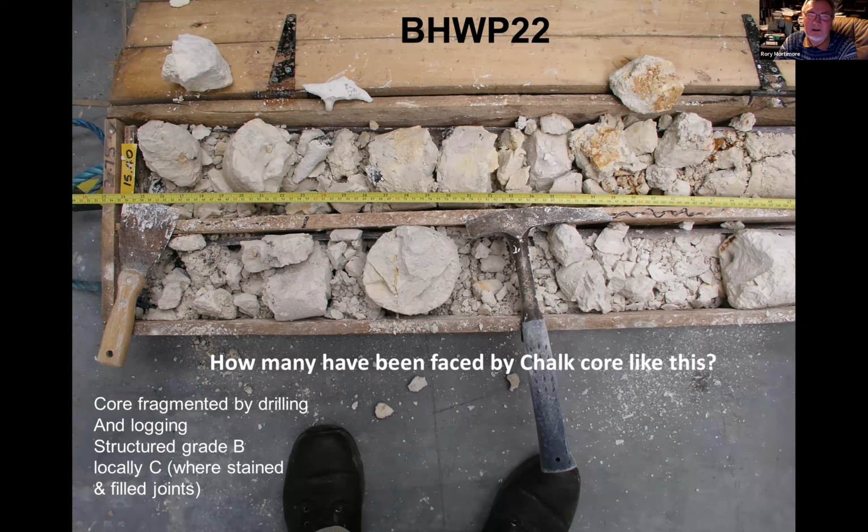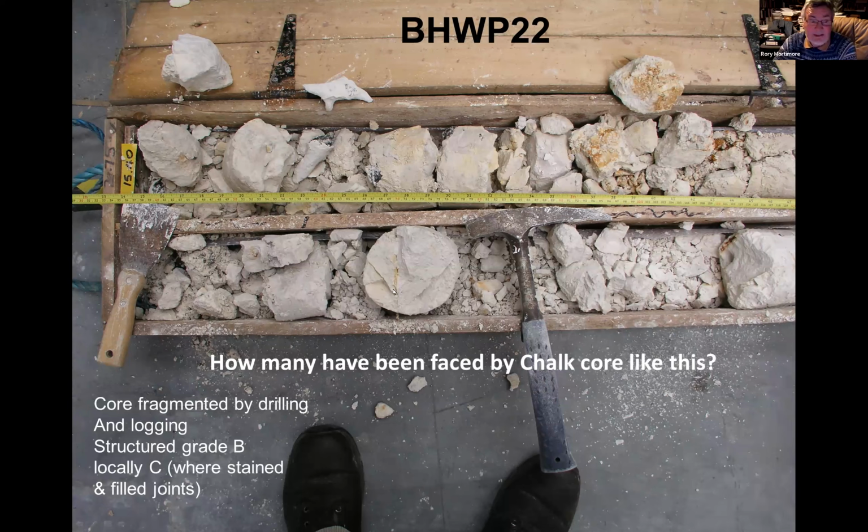And wherever you've got flints, it tends to break up. But in some places, you can actually see there's dirt on the fractures. So if you've got a filled fracture, that would be a grade C. In other places, you can see you've got fractures, but they're not really opened at all. And that might be actually closed fractures, despite being very weathered-looking chalk.